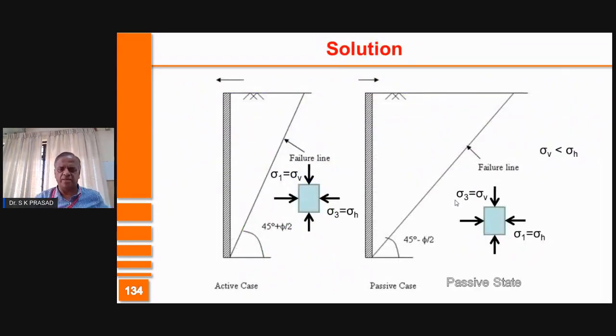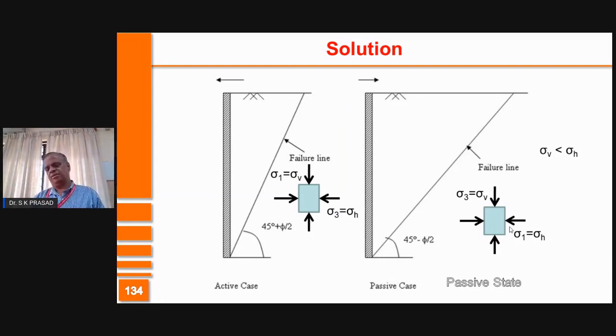Why is sigma v much less than sigma h? Because this is the passive situation, this is sigma v, and sigma h is the force which is to be applied to make the wall move towards the backfill.